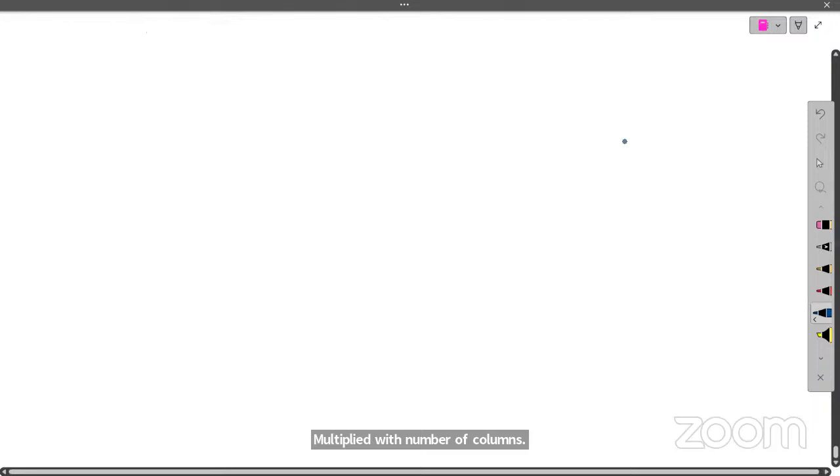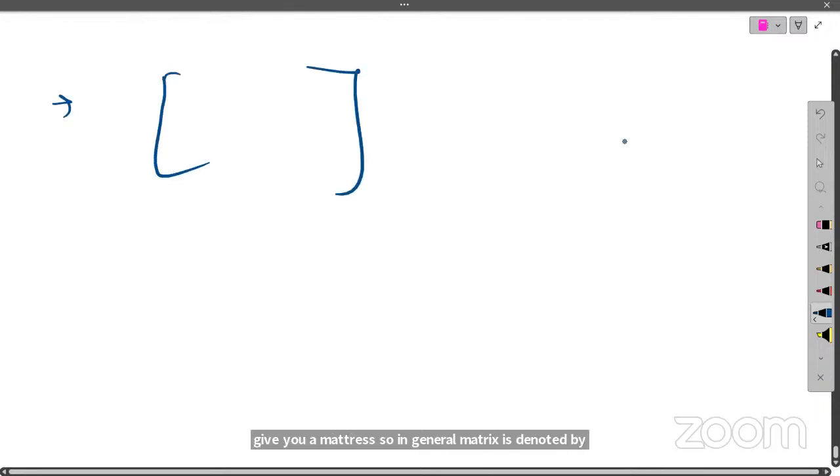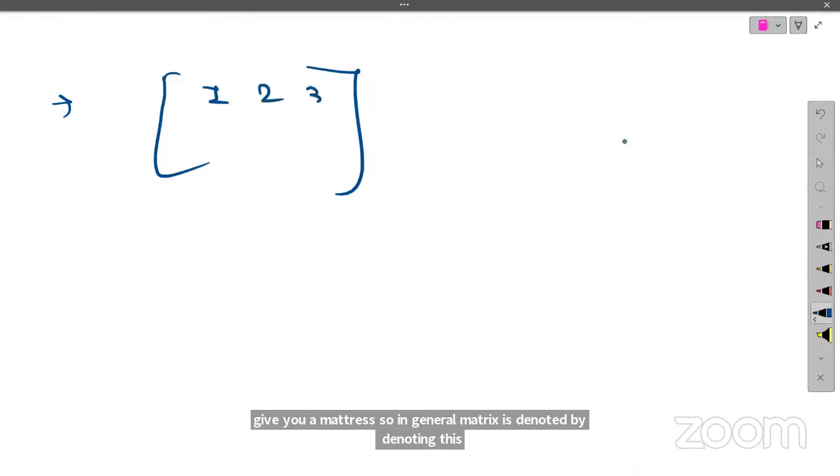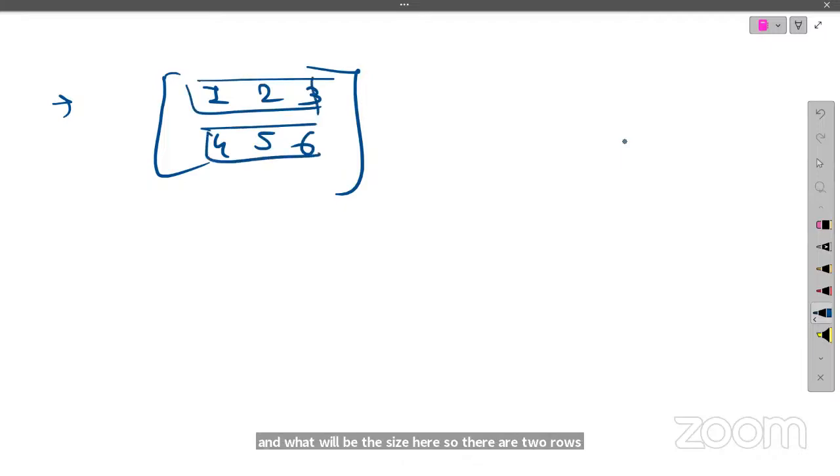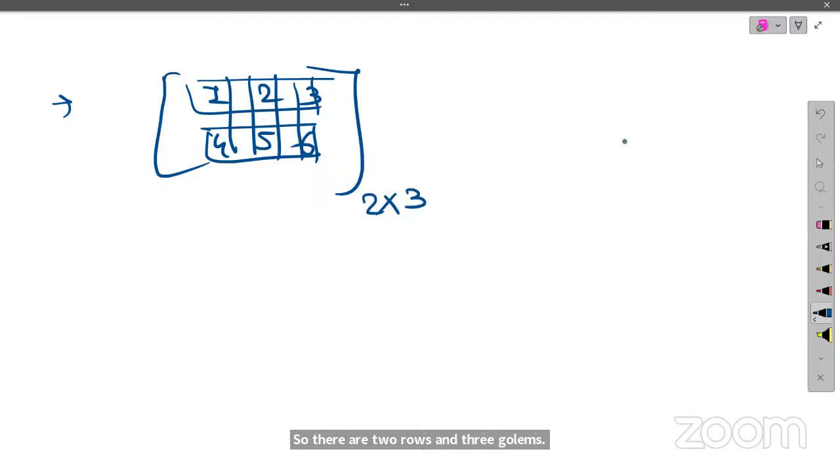For example, in general, a matrix is denoted within these brackets. Suppose I take such a matrix. What will be the size here? There are two rows, correct? There is one row here, another row here. So there are two rows and three columns. This is a matrix of size 2 by 3.